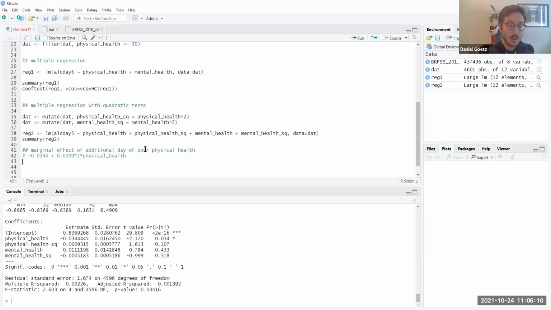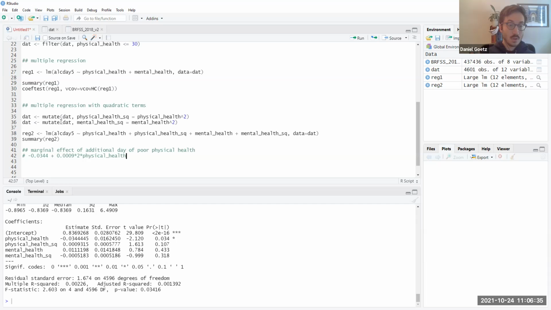So what we've done there is we've basically taken the derivative of our y variable with respect to physical health. We'll get the linear effect on its own, and then we'll get 2 times the coefficient on the quadratic term times physical health, right? Because the derivative of x squared is 2 times x. So that's where this 2 times physical health comes in.